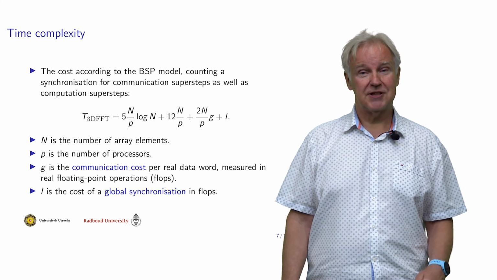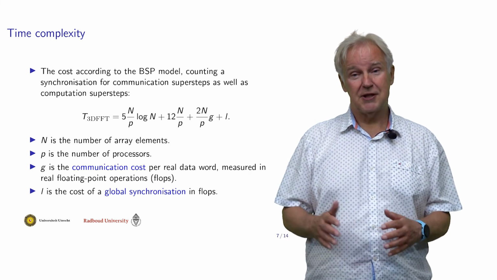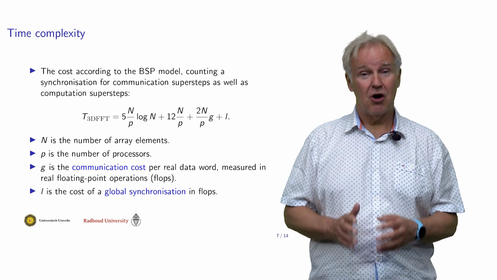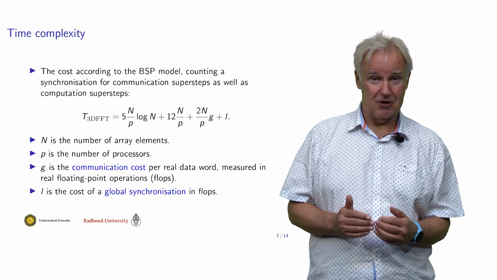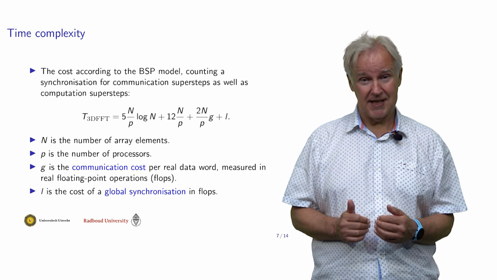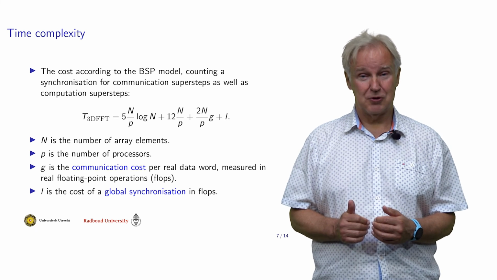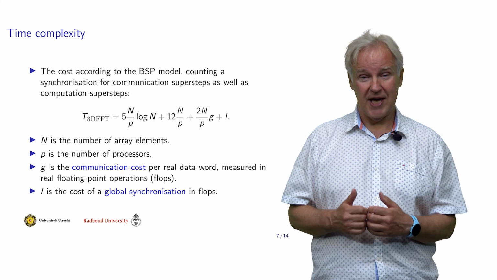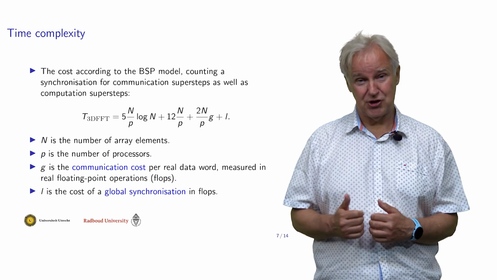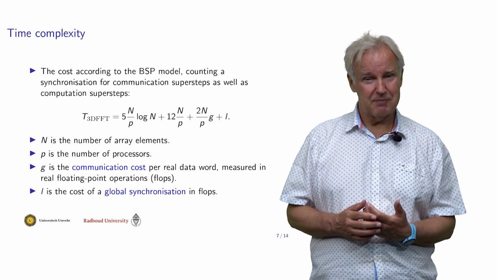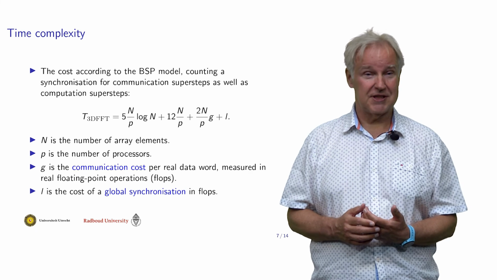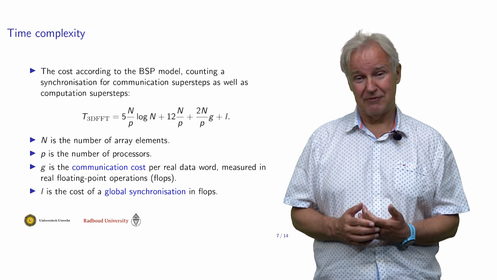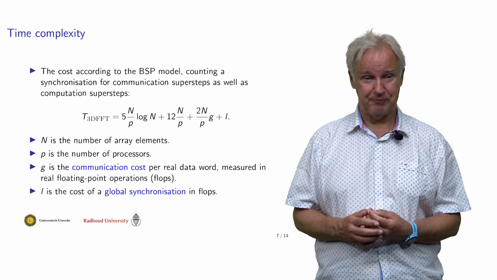For the communication, we need to redistribute the data once. So in the worst case, all data that are local, n divided by p data, have to move to another processor. So that gives a term of n divided by p times g. But since every element is a complex number consisting of 2 real numbers, we do have a factor of 2 in front of this.